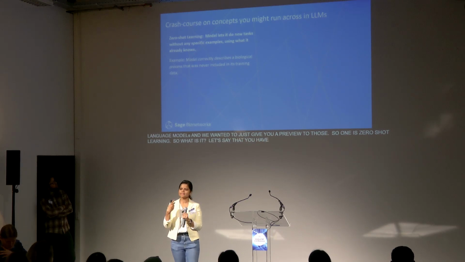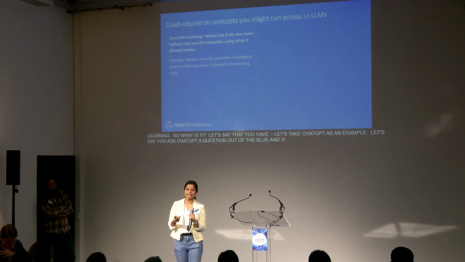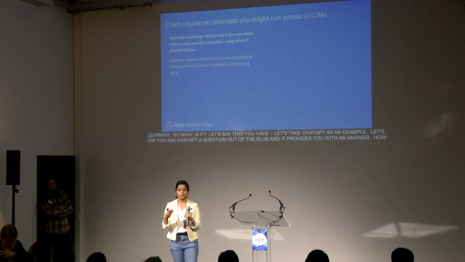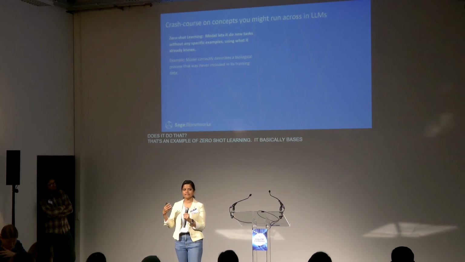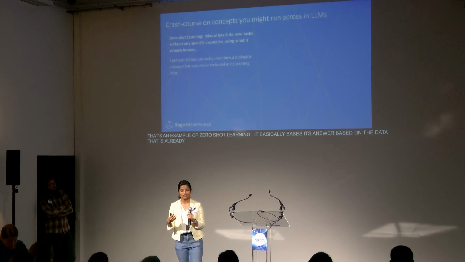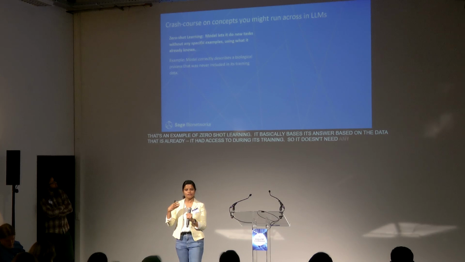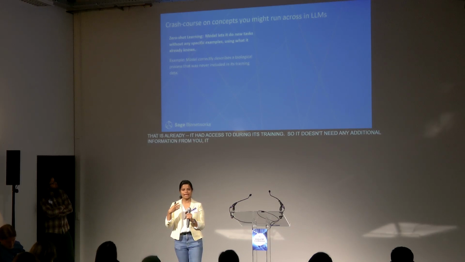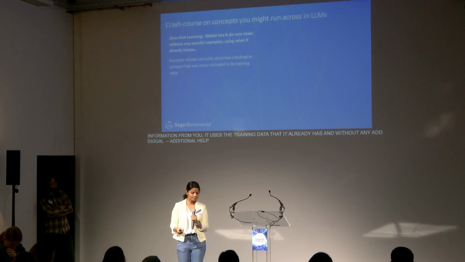Let's say you ask ChatGPT a question out of the blue, and it provides you with an answer. How does it do that? That's an example of zero-shot learning, where it bases its answer on the data it had access to during its training. So it doesn't need any additional information from you. It uses the training data that it already has, and without any additional help, it can provide you with a coherent answer.